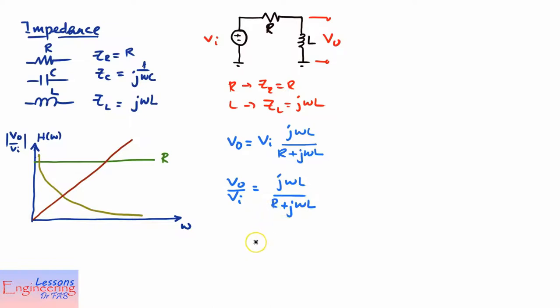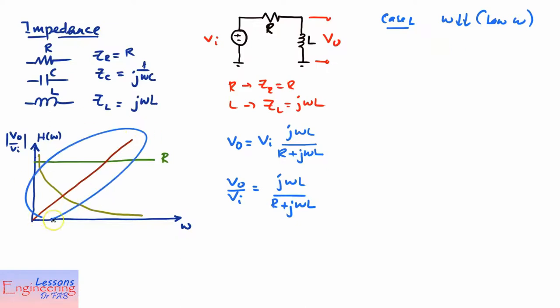As always, we'll consider the following cases. Case 1: we'll look at the case where our frequency is too low. We're looking at what the output voltage across this inductor is at low frequency. This is easy when you study this graph here.